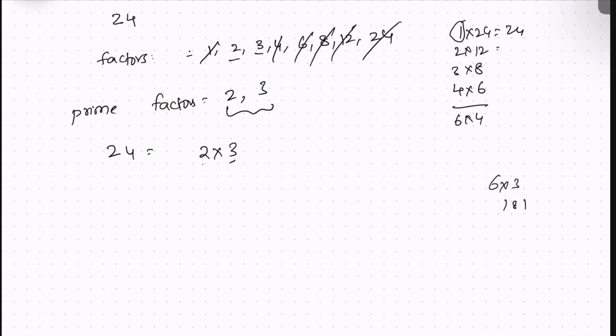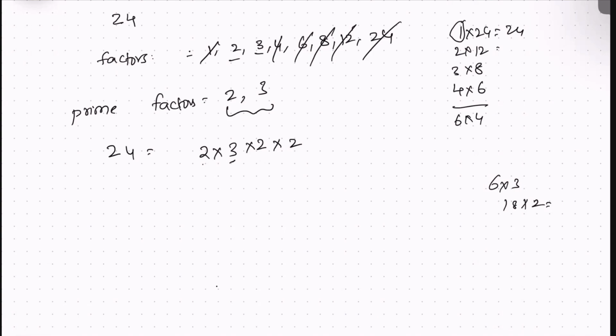There's no way that I can reach 24 that way, so I will select 2. 2 times 3 is 6, 6 times 2 is 12, 12 times 2 is equal to 24. This is the method that you should follow to generate the prime factorization for any number.